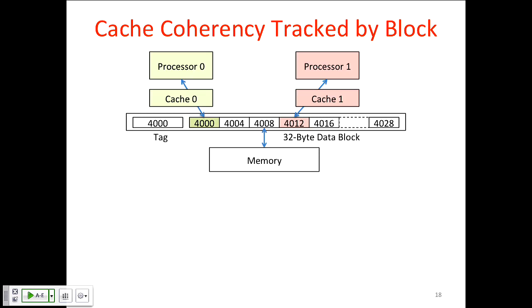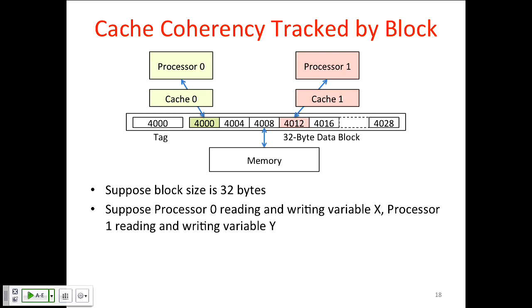So here's an example. I have two processors, both with private caches, and with a 32-byte data block. Here are the data addresses of this cache block. You have one tag, address 4000, but then you have 4000, 4004, these multiple 32-bit words in this one data block.